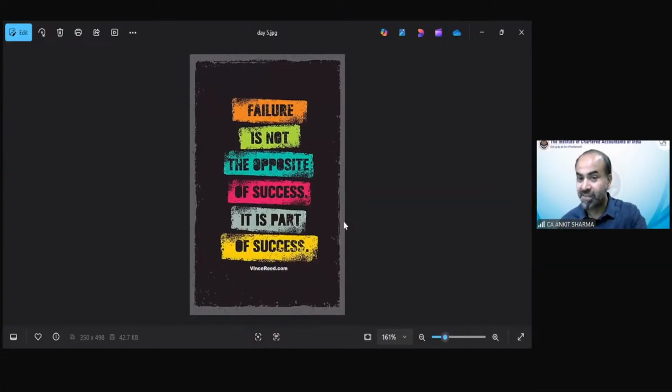You can see, yes, if somebody is successful, then there must be some failure, whether it's Mr. Elon Musk or anyone in your life. Success cannot be achieved without failure. So failure is not technically the opposite of success, but technically it is a part of your success. At times, failures encourage you to become successful, to prove to others that yes, I can do this.